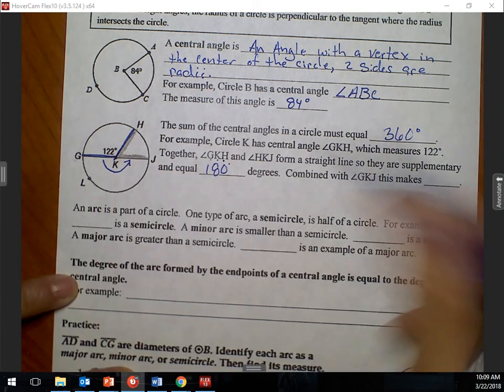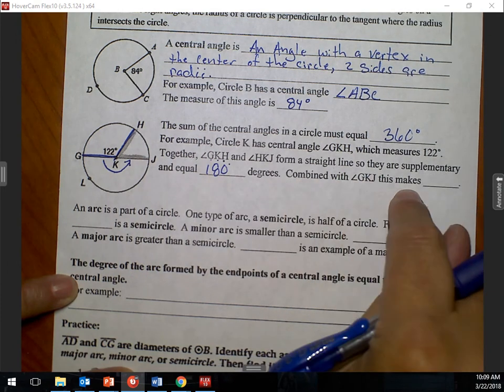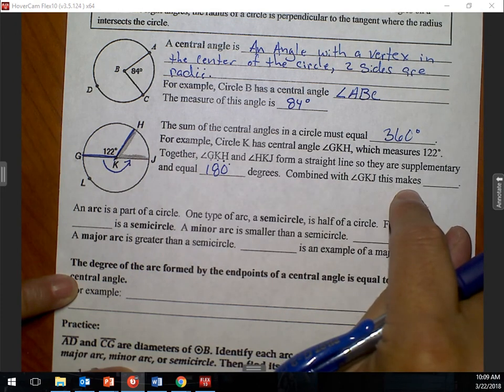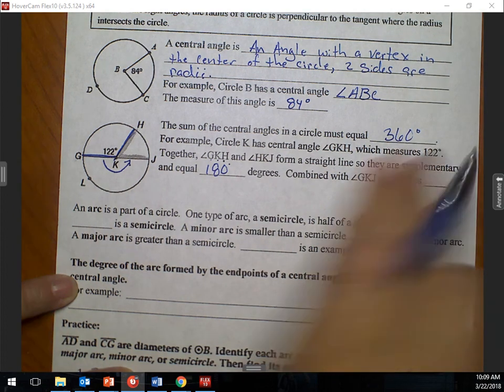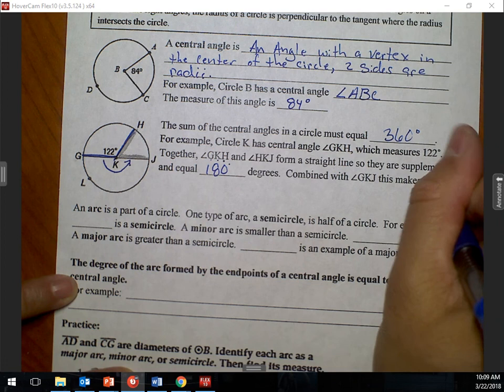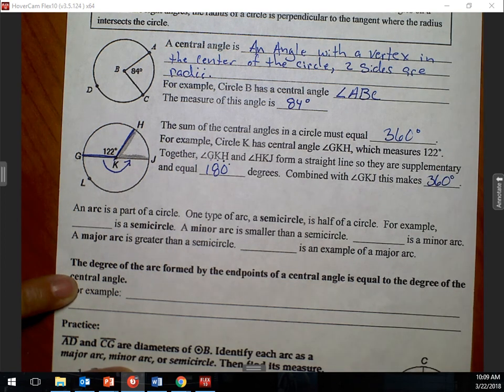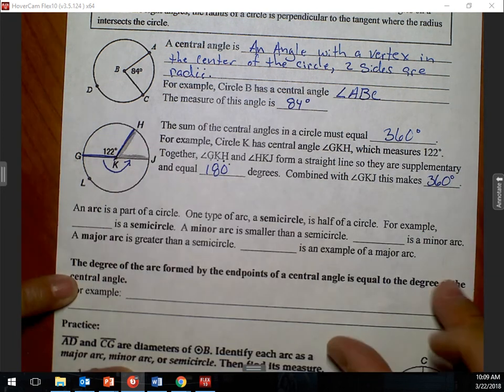Angle GKJ, combined with this, it should make 360, right? So all together, it has to make 360 degrees. Okay, so I know that all of it together gives me 360.